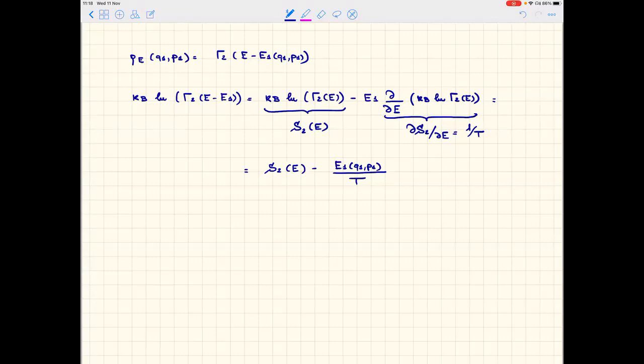Now, what I'm going to do is I want to find rho of E, Q1 and P1. And this is equal to the exponential, if you look at the previous formula, of S2 of E divided by K Boltzmann minus E1(Q1, P1) divided by KBT.